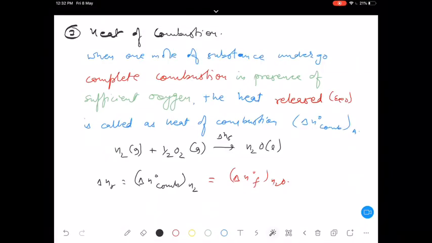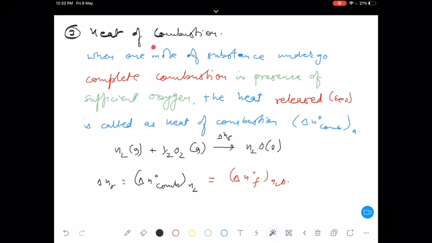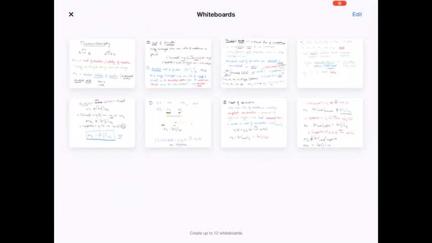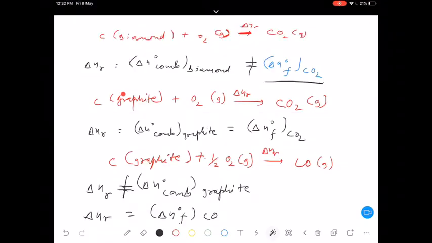Because heat of combustion we have defined when 1 mole of substance undergoes complete combustion in presence of sufficient oxygen. So here is it complete combustion? No, it is incomplete combustion. So delta HR we cannot write as heat of combustion of graphite. Clear?